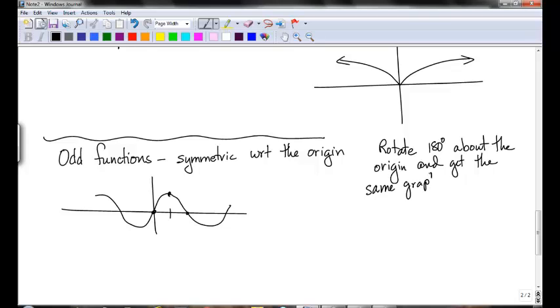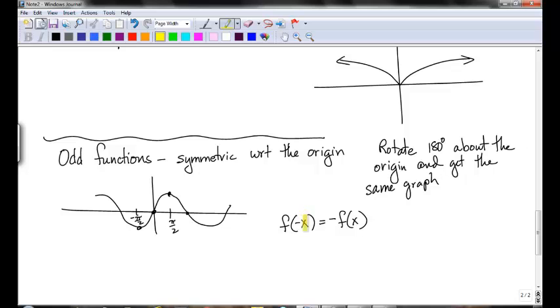That means if the x values are opposites, like pi over 2 and negative pi over 2, the y values are also opposites. So that's f of negative x equals the opposite of f of x.